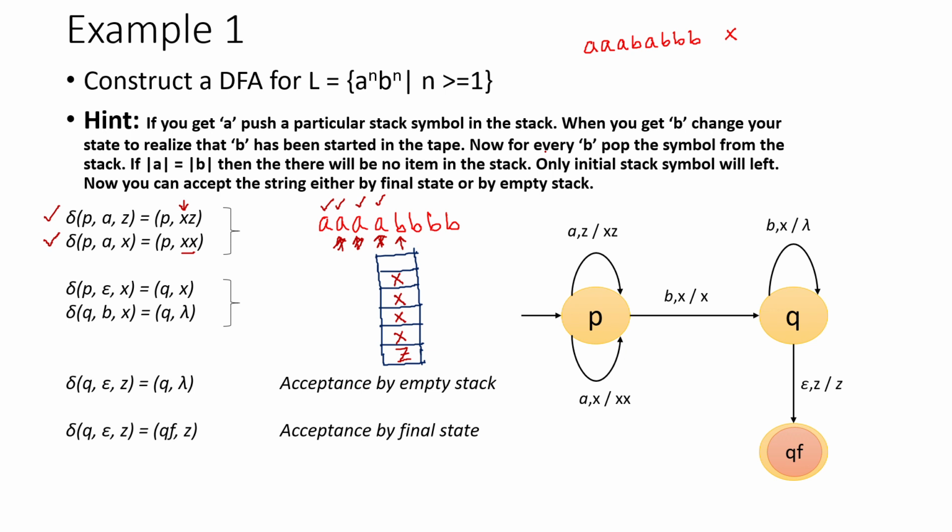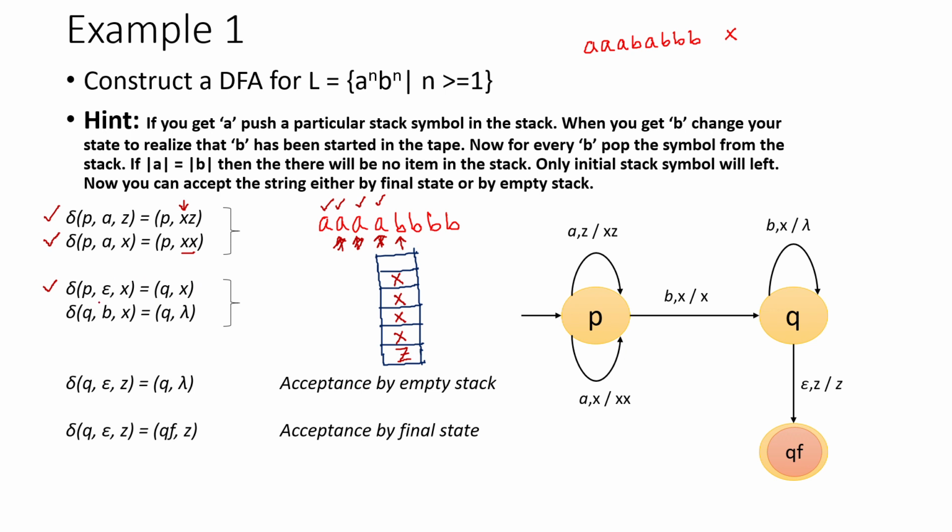So if any A occurs after this B, then somehow I have to restrict that. That's why, as soon as we see there is a B, we are, without consuming any symbol, basically skipping this step.